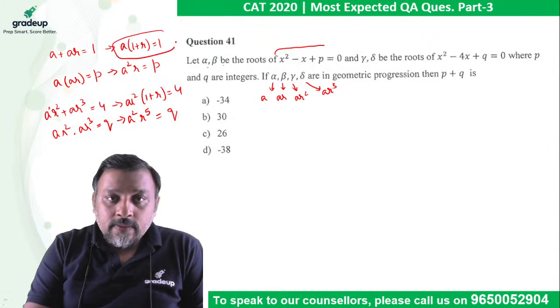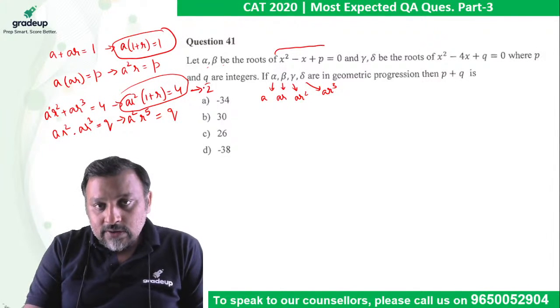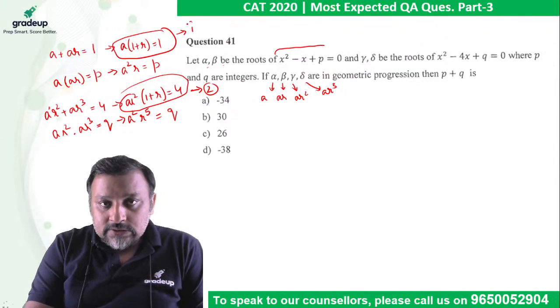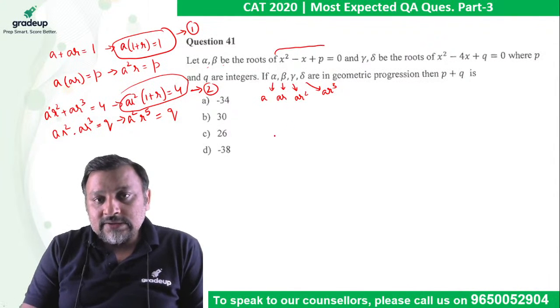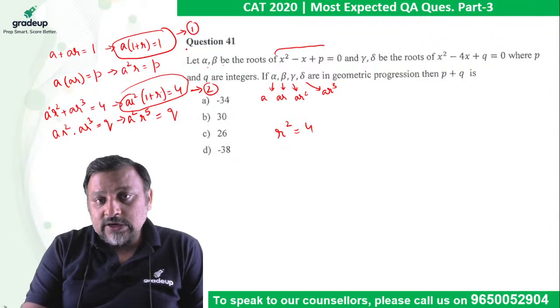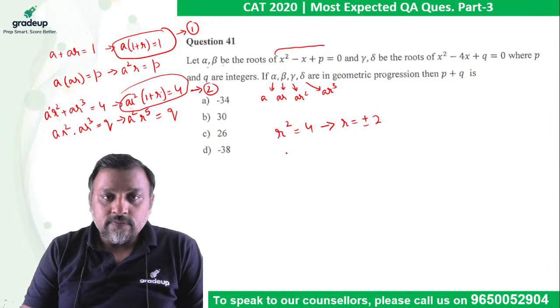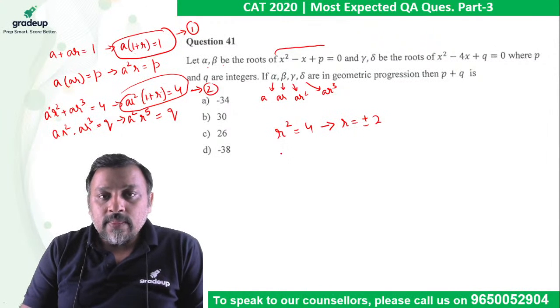Now if I divide the second equation by the first, what you will get is r square is equal to 4. A will get cancelled out, so you'll get r square is equal to 4. That means r is plus 2 or minus 2.